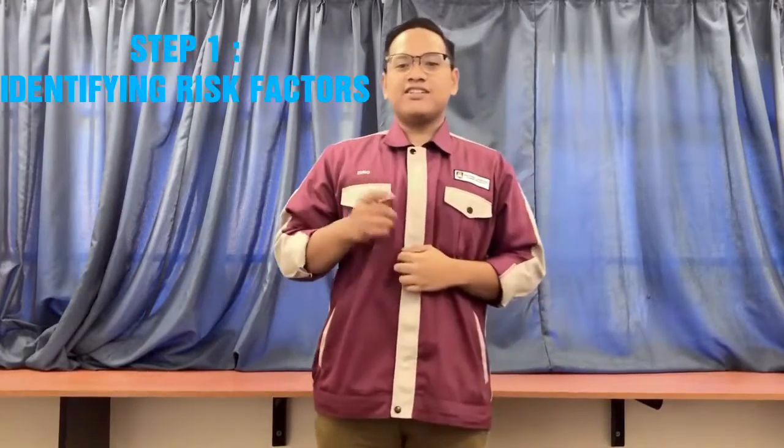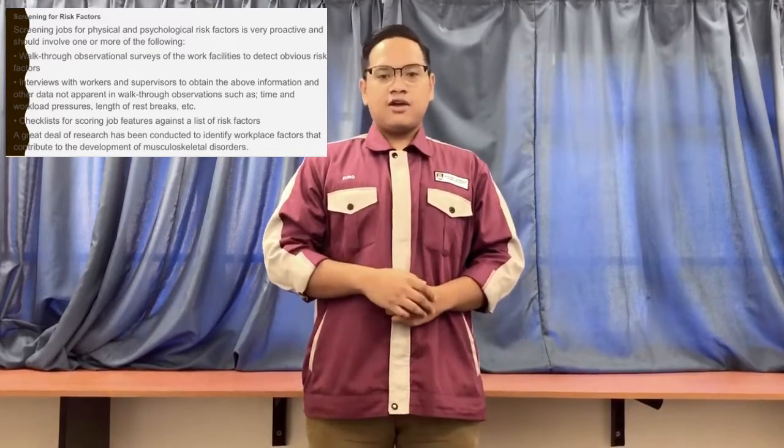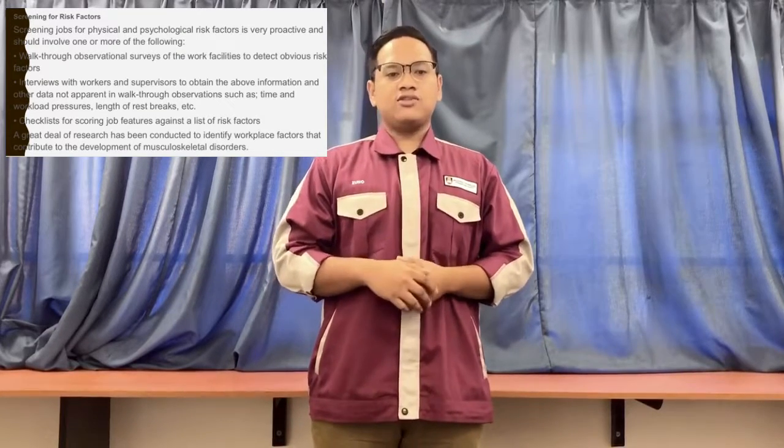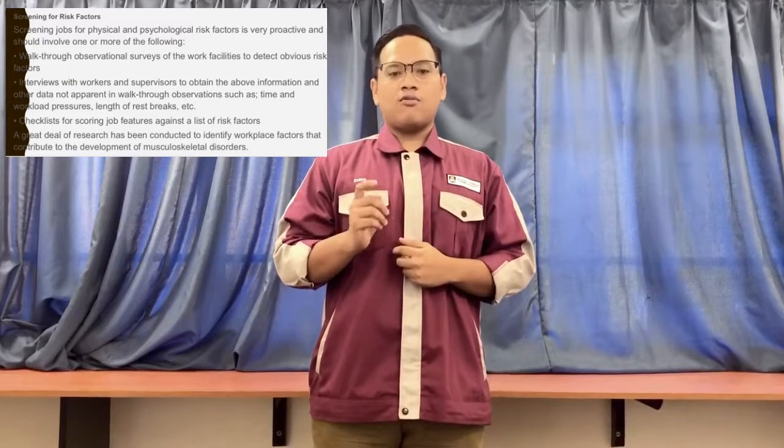Okay, I will talk about the first step, identify the risk factors. For your information, you can use screening for risk factors. The screening of jobs for physical and psychological risk factors is both active and should involve one or more of the following.